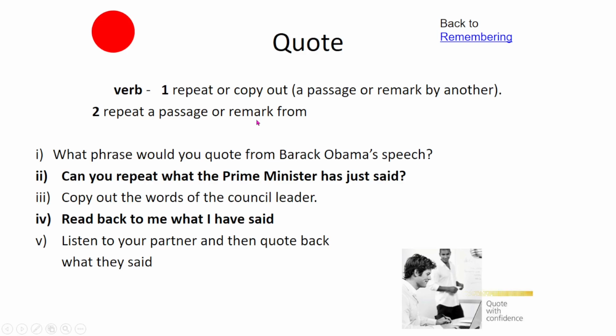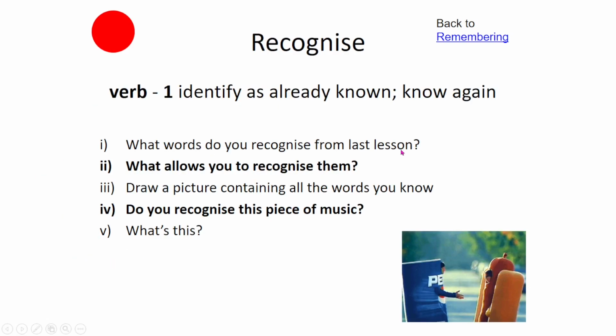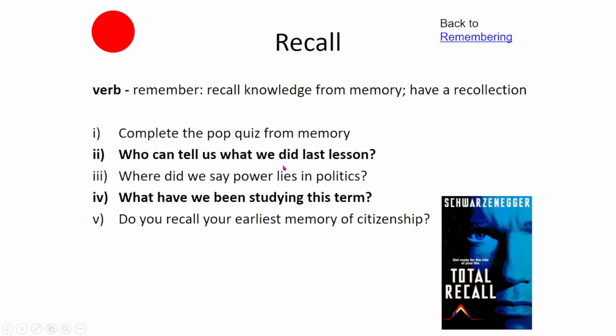Recognize: identify as already known. Known again. What words do you recognize from last lesson? What allows you to recognize them? Recall: remember, recall knowledge from memory. Have recollection, total recall. Can you tell us what you did last lesson?